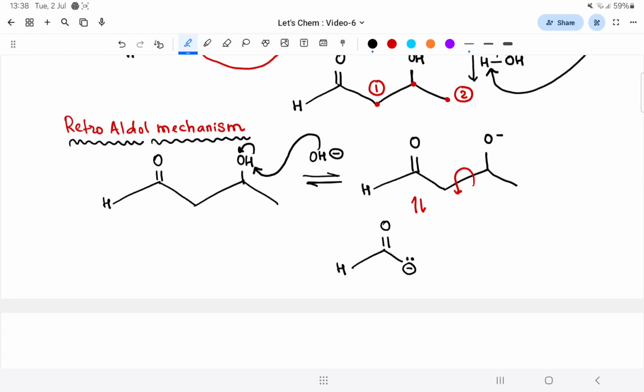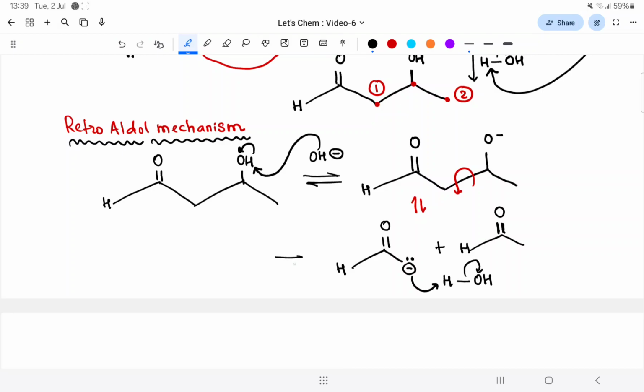If I am talking about the left hand side, plus the enolate ion, you will get something like this. Now this minus sign will be satisfied by what? I hope you can at least know that it's an aqueous solution, so this will be satisfied by H plus ion.